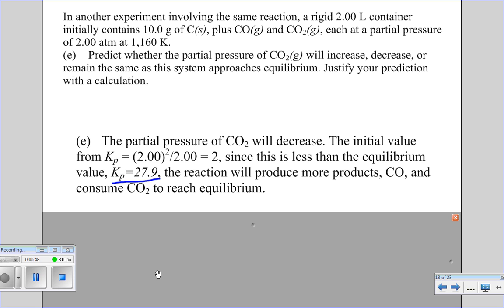So in order to get from 2 up to 27.9, I have to produce more products, so CO, and consume CO2 to get there, which means that the amount of CO2 will be lowering as it reaches equilibrium. That's why the pressure will decrease.